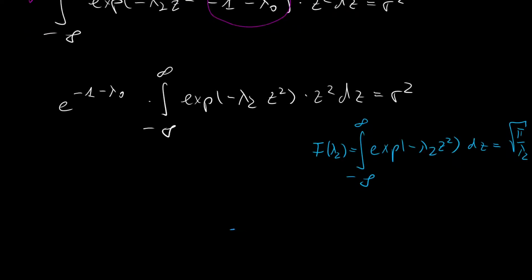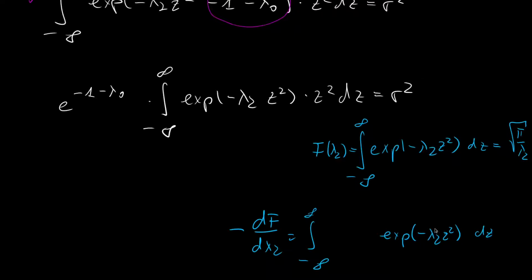Because if we do this, then if we take the negative derivative of f with respect to lambda 2, then this is the integral from minus infinity to plus infinity, because the differential operator propagates over the integral. And then we take the derivative of this, and the outer derivative is just the exponential of minus lambda 2 z squared dz.